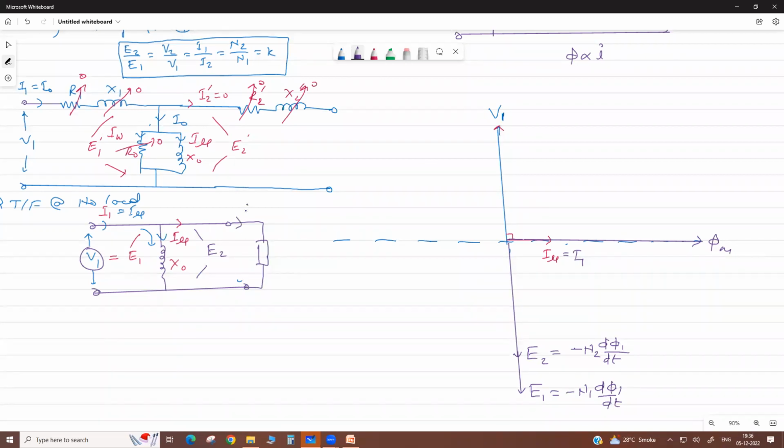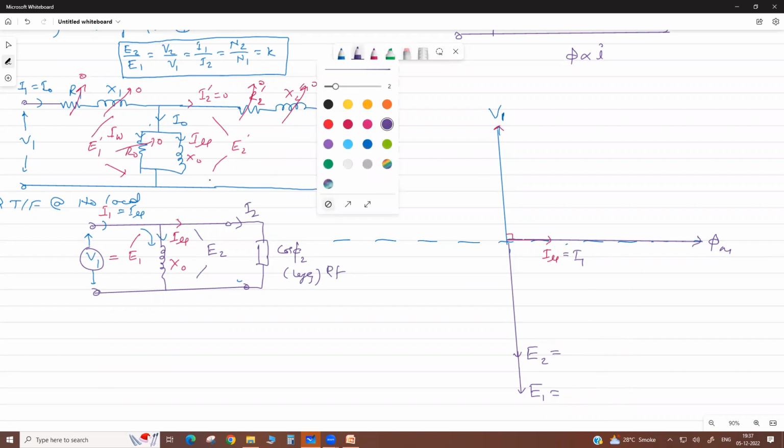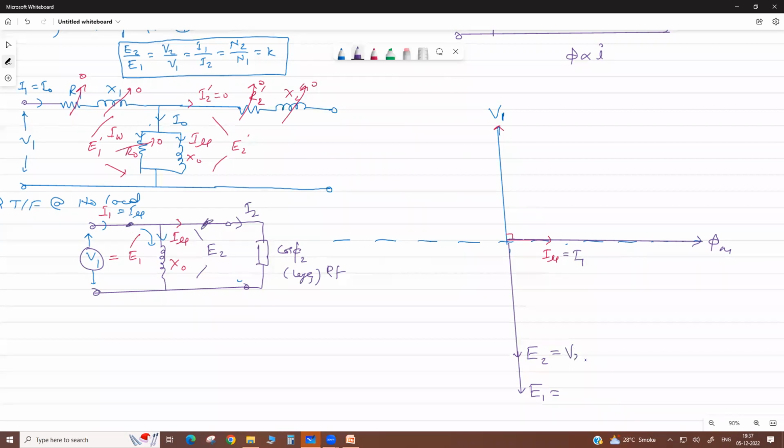So there is a load current also. Suppose the power factor is lagging, the load is lagging power factor. But we have considered there is no impedance in secondary and primary, means there is no drop, so it is V2 and this is minus V1. Correct? They are opposite.